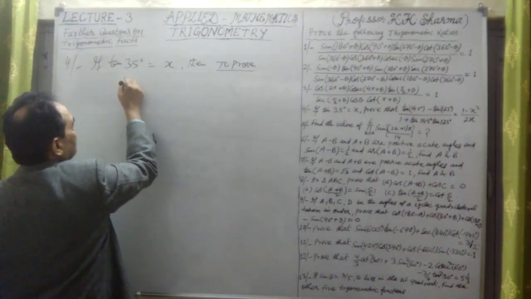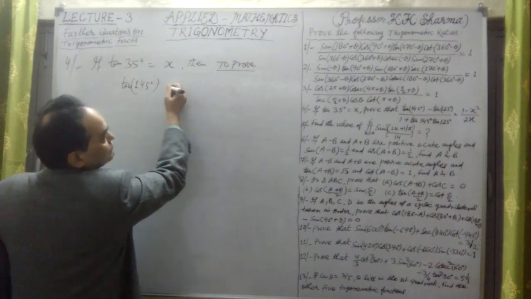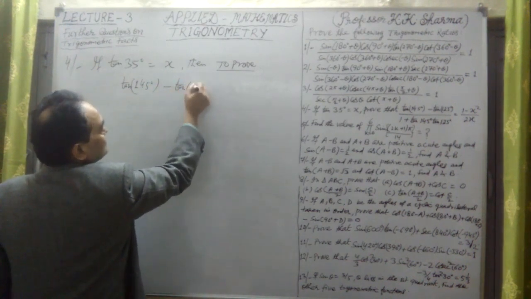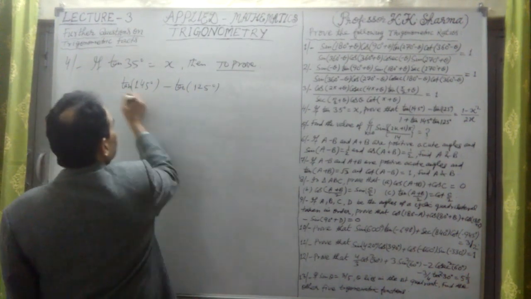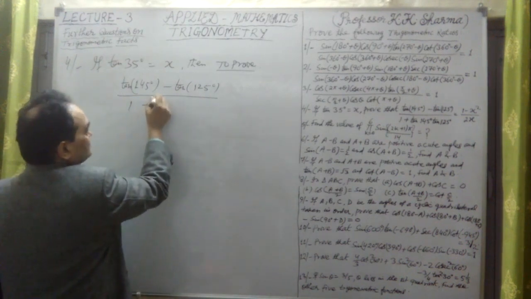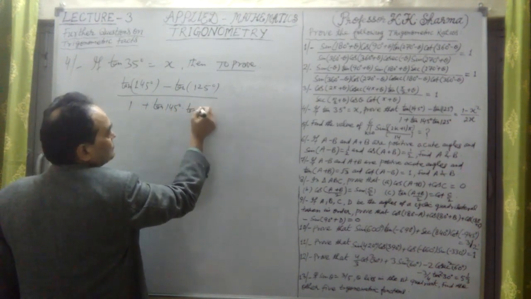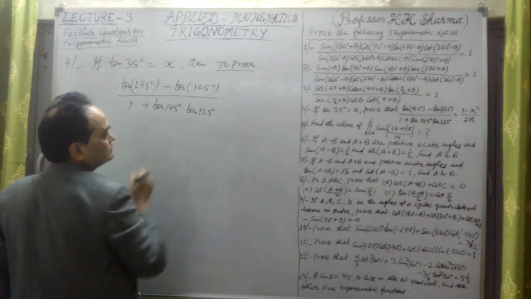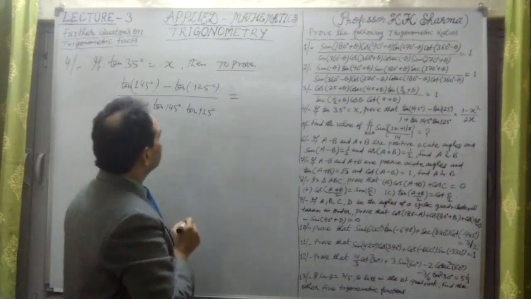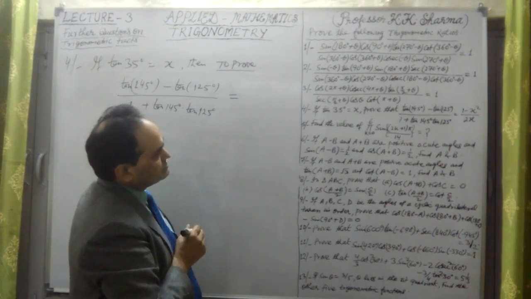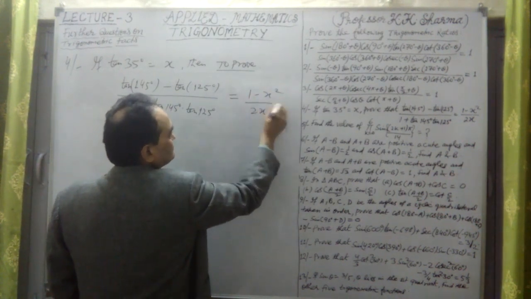Then prove that tan 145 degree minus tan 125 degree, divided by 1 plus tan 145 degree into tan 125 degree, is equal to 1 minus x square divided by twice x.